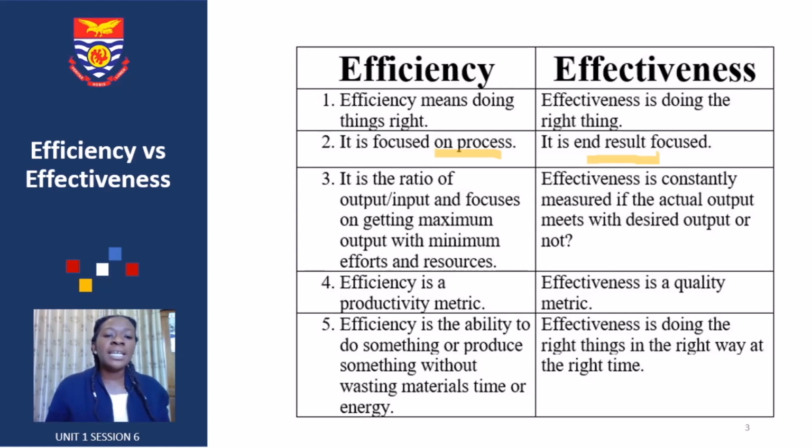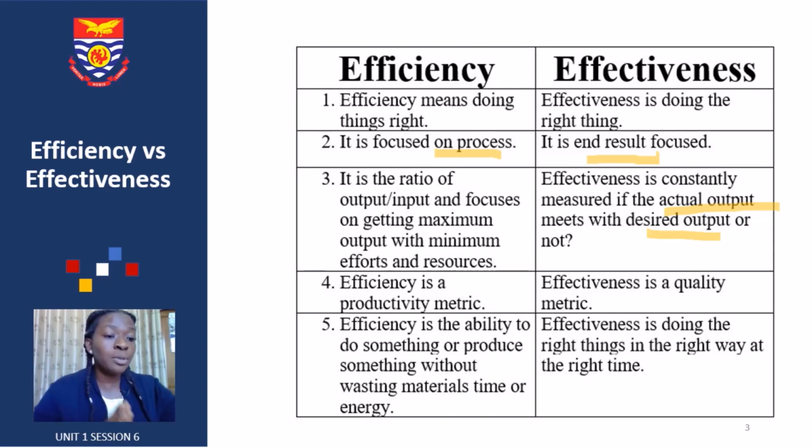We're saying that another difference is that when we come to effectiveness, we're looking out for the actual output, which should be meeting the desired output or not. So like I said, you wanted to get an A. Were you able to achieve it or not? If you're able to achieve it, you've been effective.